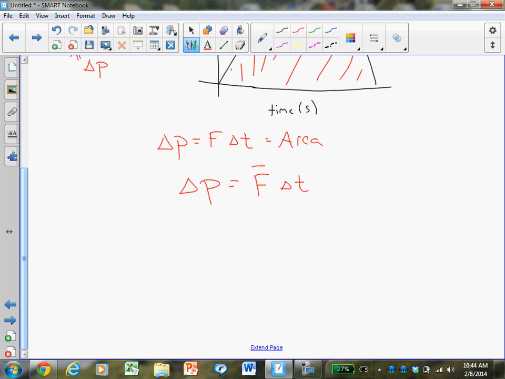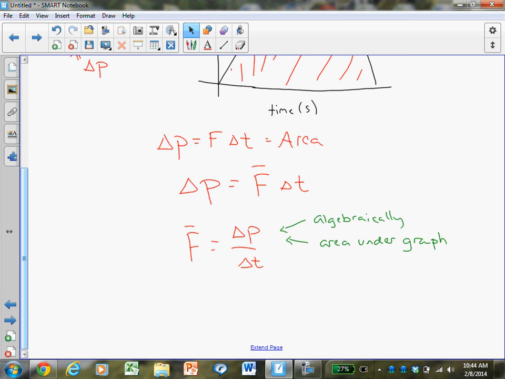And the best way to find this average force is to get delta p. Now you might get the delta p algebraically, like we've done, or sometimes you get it by the area under the graph, and we'll do examples like that in class. Okay, and that's topic 6.5.